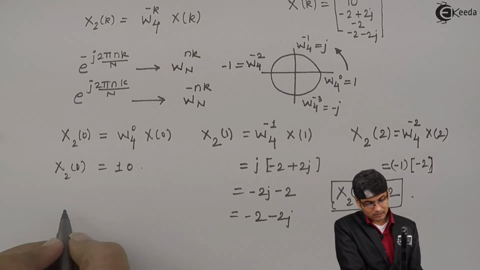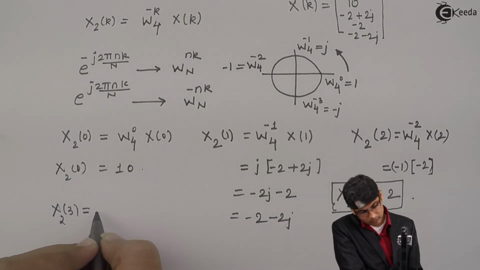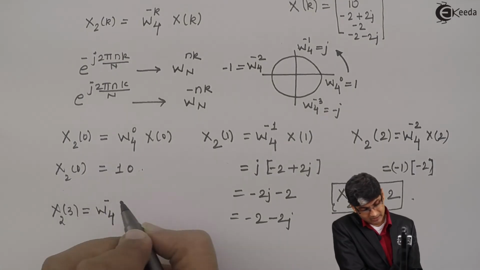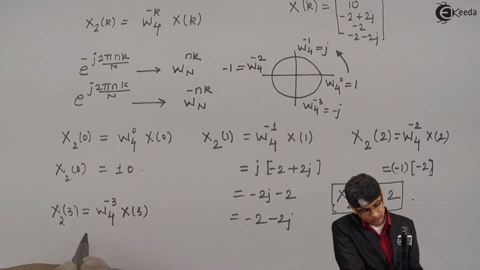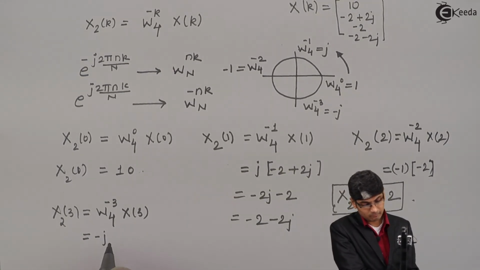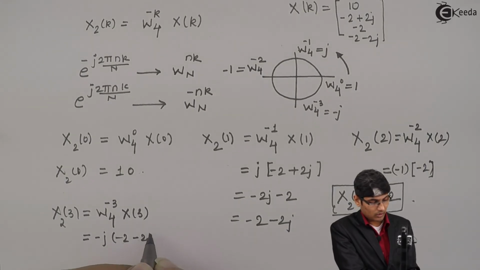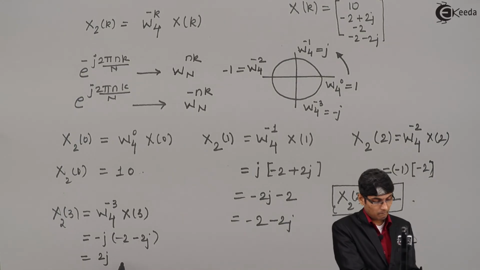Okay. And lastly, we will go with X2 of 3, which is equal to W_4 raised to minus 3 times X of 3. So W_4 raised to minus 3 is minus j. Okay. X of 3 is minus 2 minus 2j. So when you multiply, you get plus 2j, minus of minus will be plus and then j square will be minus.